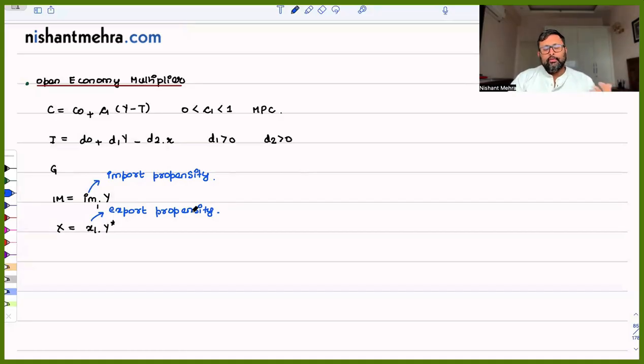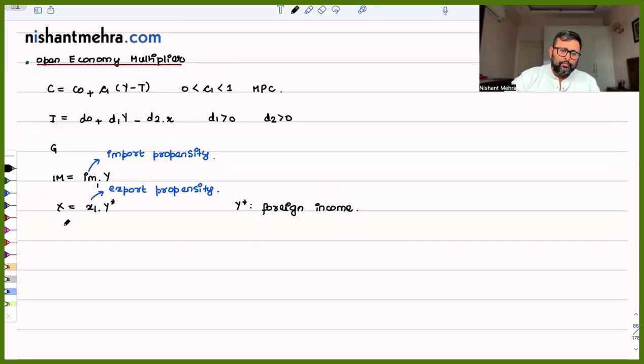When I say their income, it means foreign income. And in an open economy, whenever we use a star, this denotes foreign, right? So this is foreign income. Y star is foreign income.